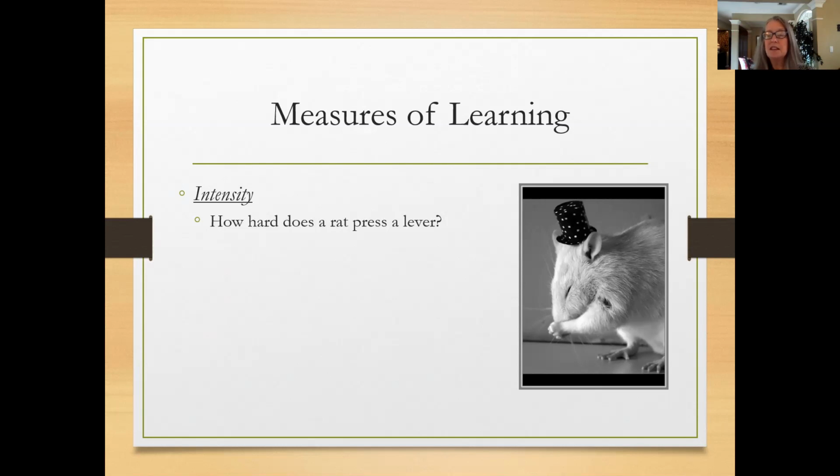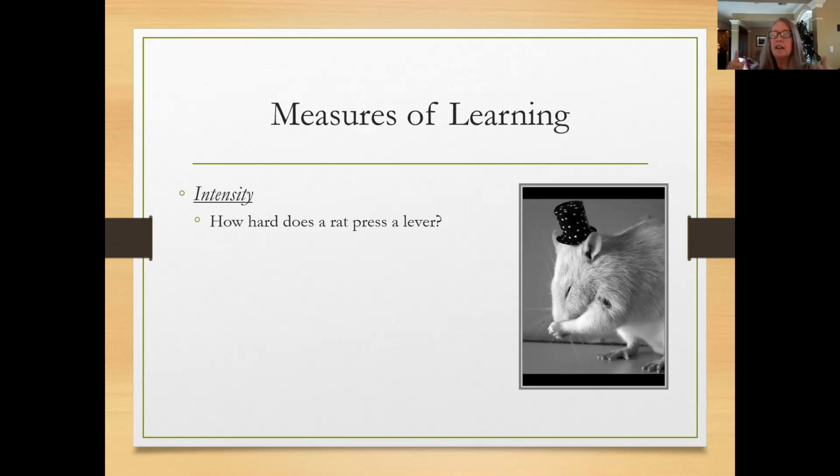Sometimes we use intensity to look at a Likert scale. I'm sure many of you have participated in a survey where something is rated on a scale of 1 to 7. Like, how much do you like ice cream? Or how easy do you think general psychology was for you? On a scale of 1 to 7, 1, not easy at all, hardest class I've ever taken. 7, very easy, easiest class I've ever taken.